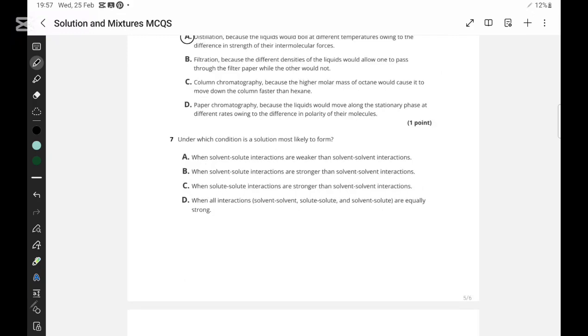In this question they are saying in which condition is a solution most likely to form.